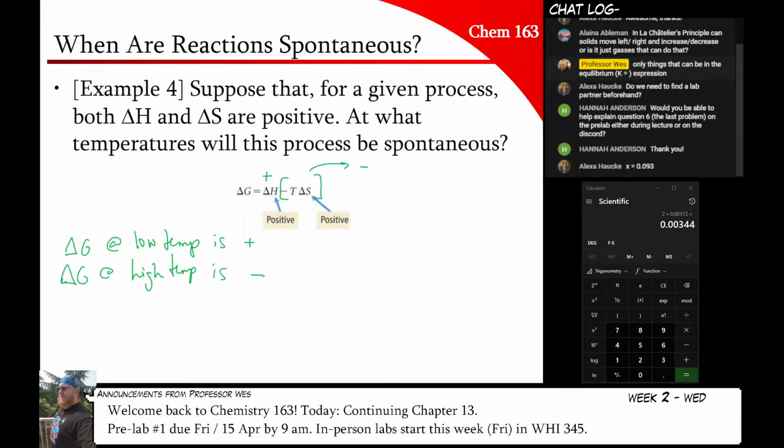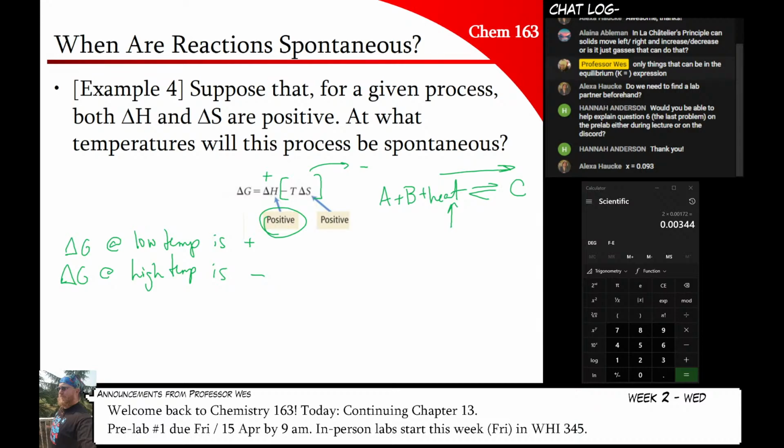So for this reaction with these signs for my delta H and delta S, my reaction will be spontaneous above a certain temperature. And I can do the same thing as before. Because it's endothermic, delta H is positive. If I increase the temperature, the reaction drives forward and is more spontaneous.